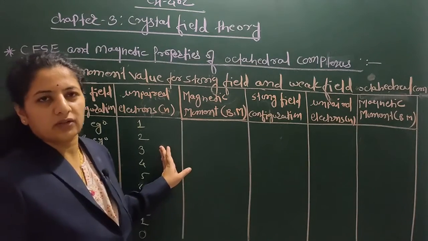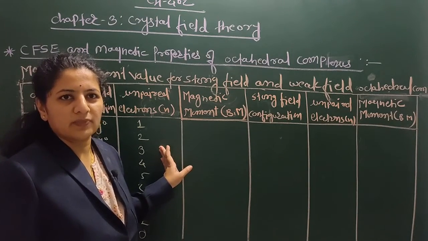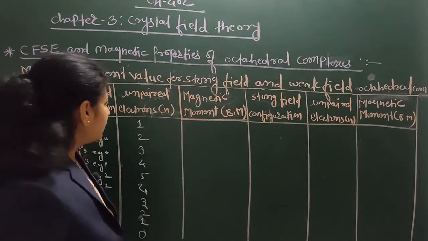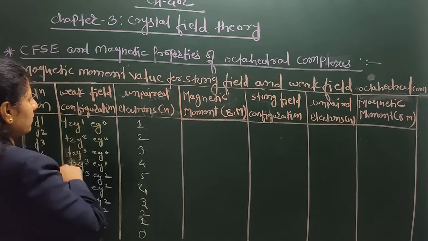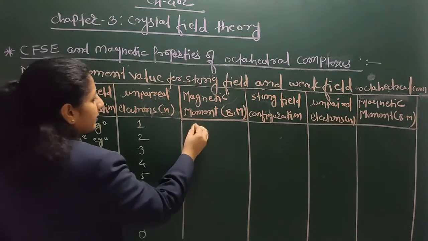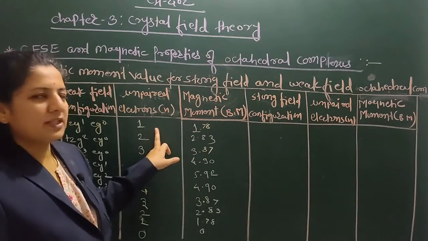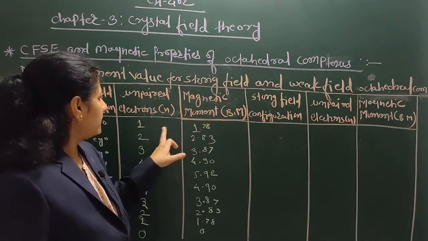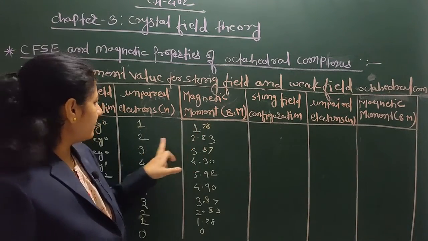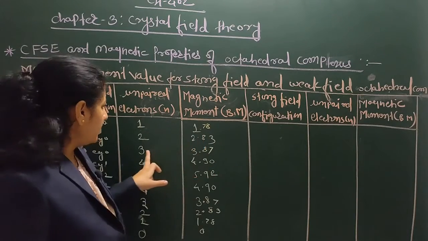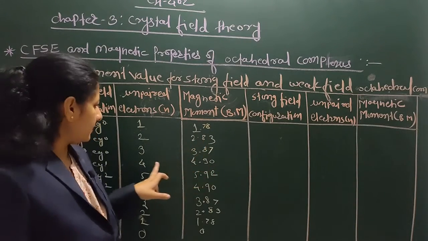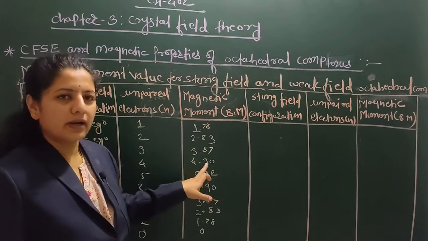The number of unpaired electrons determines the magnetic moment of the respective complexes. What are the magnetic moments of the complexes of these respective ions in a weak field? For 1 unpaired electron the magnetic moment is 1.73. For 2 it is 2.83. For 3 it is 3.87. For 4 it is 4.90.